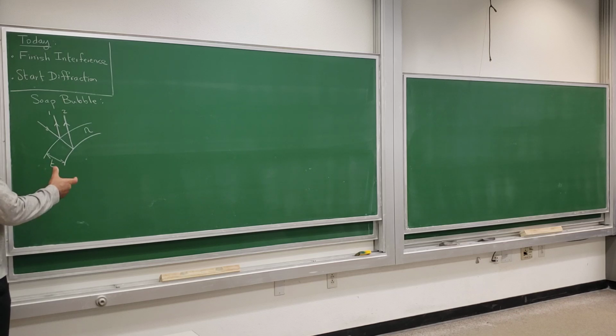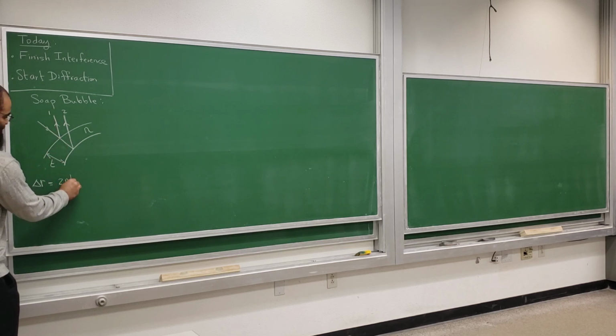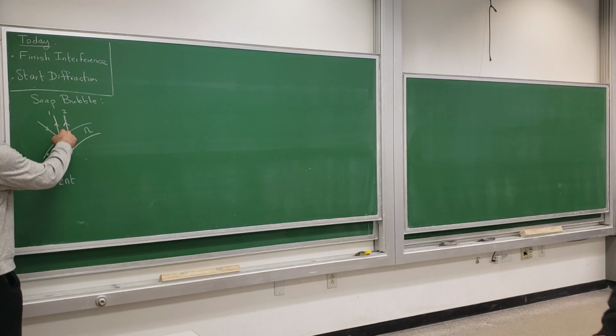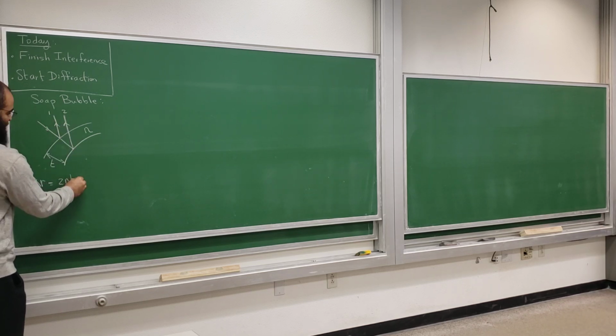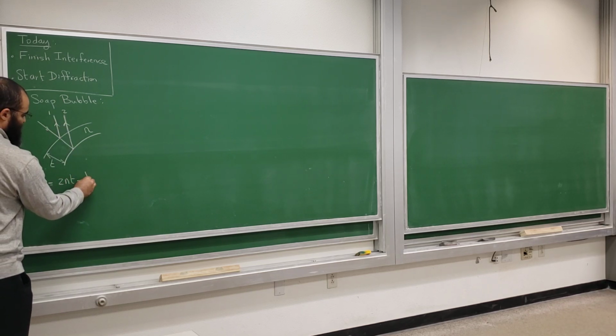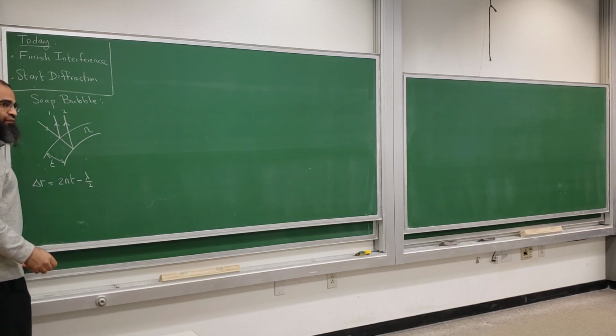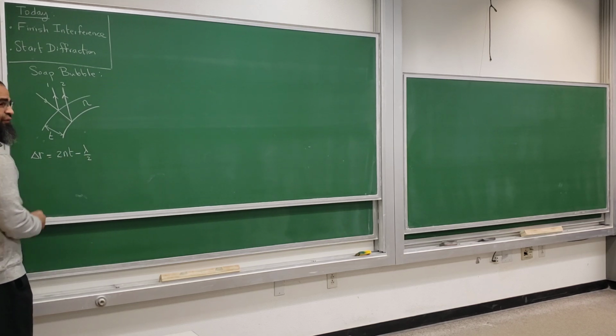And so it's as if it traveled a distance of 2n times t. So the path difference, delta r, between this one and this one will be, for number 2, 2n times t, and then for number 1, it's half a lambda, so lambda over 2. Okay? That's the path difference.